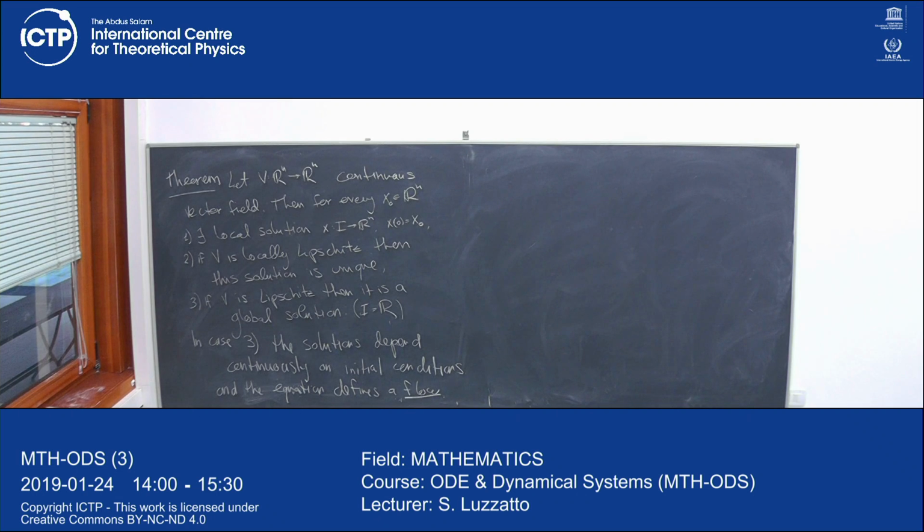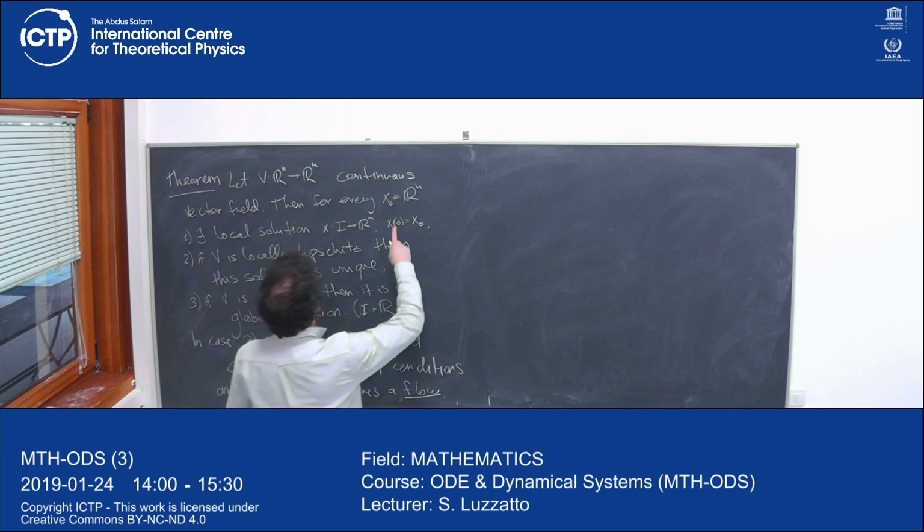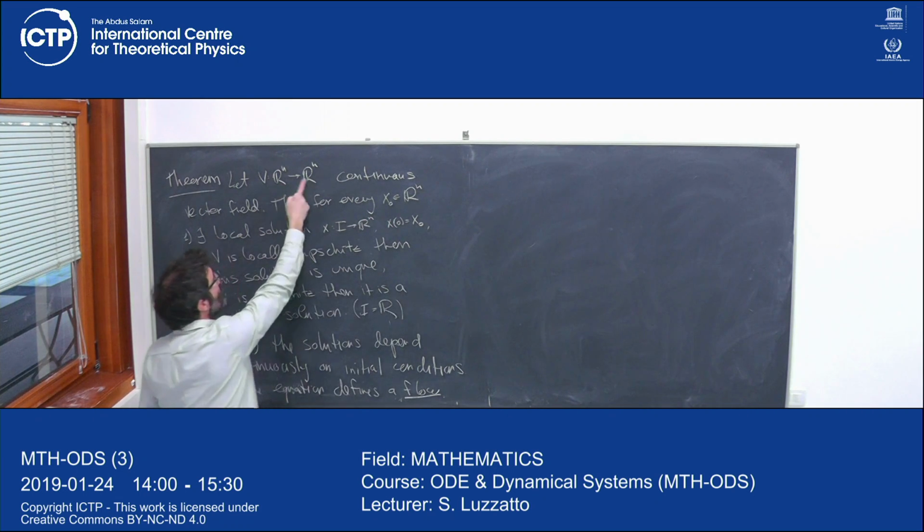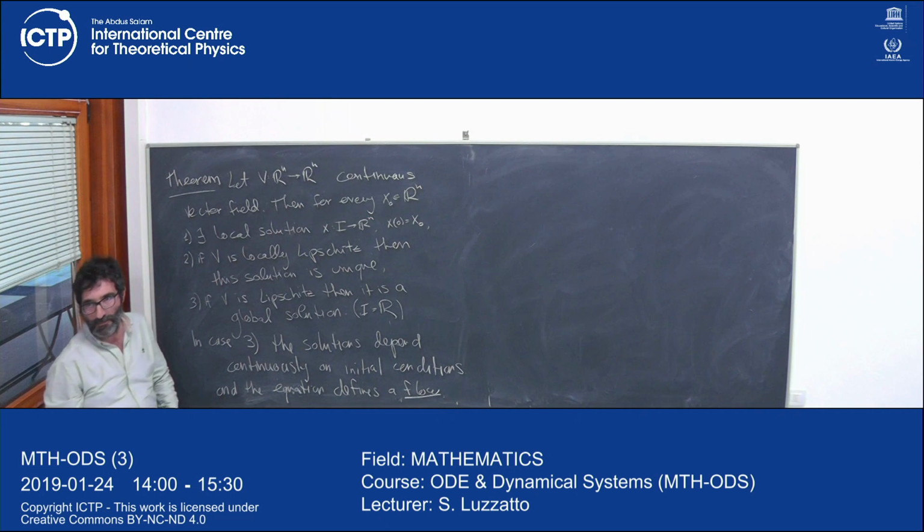What we mean by continuous vector field is just a continuous vector field. Remember that a vector field is a map from Rn to Rn. So it's continuous. Continuous dependence is like a small change of x makes a small change of the function of x.